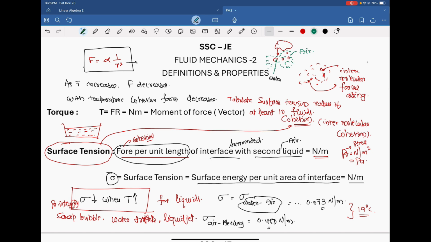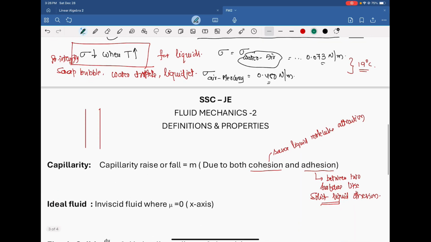Then we put one small needle. This is the needle. On top of the surface, the needle floats because of surface tension. This is one of the examples of surface tension.